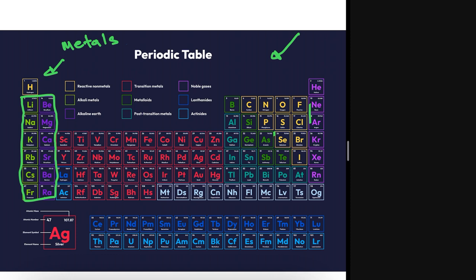And then on the right-hand side, we have non-metals. Remember, we said hydrogen is a non-metal. All these other elements that are left behind also have specific groups.